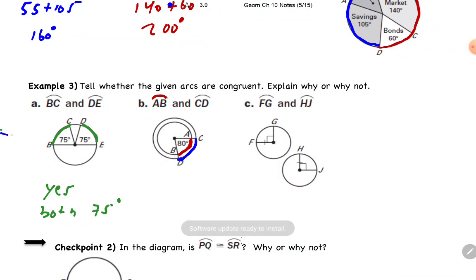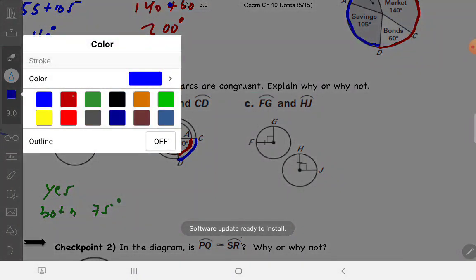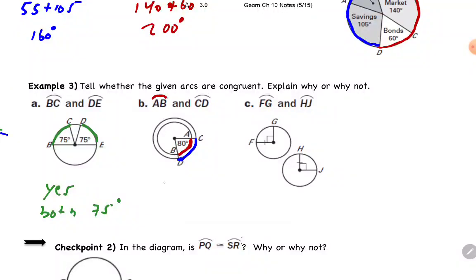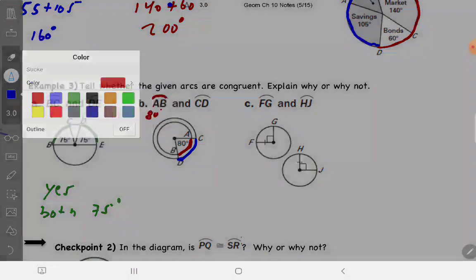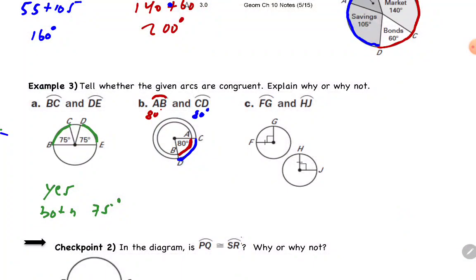The red arc measure is 80 degrees, and the blue one is also 80 degrees. Now, we're not talking about arc length, we're talking about arc measure. Arc measure deals with degrees. Arc length deals with the actual distance. So in this case, the arcs are congruent.